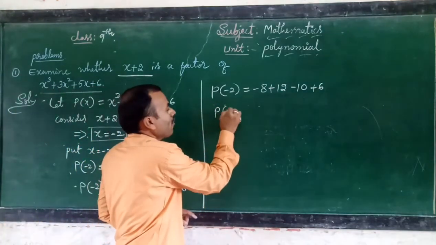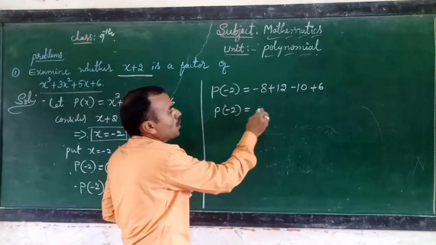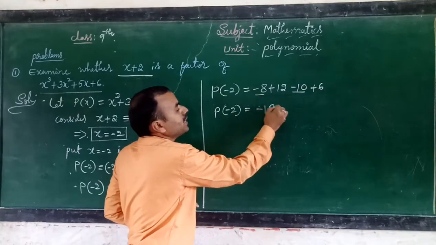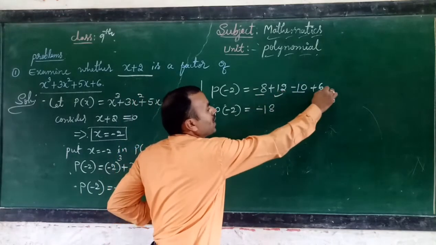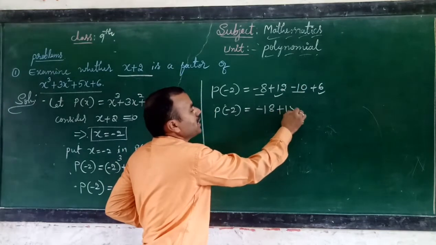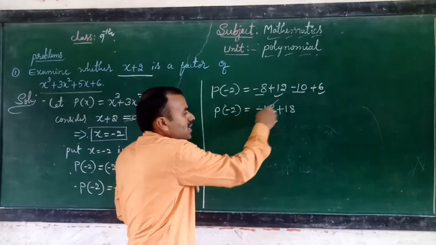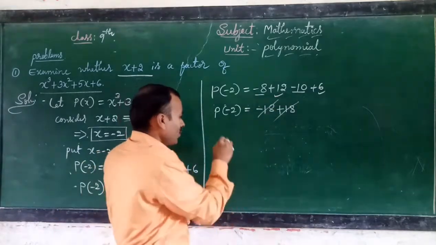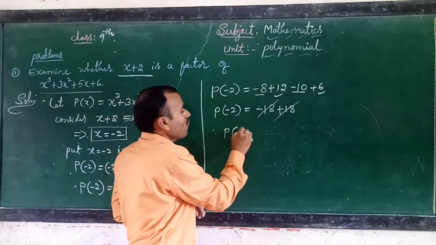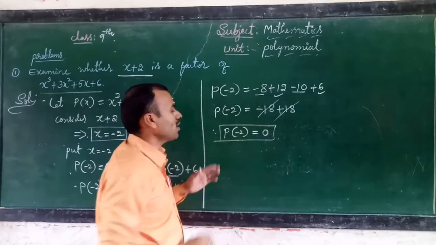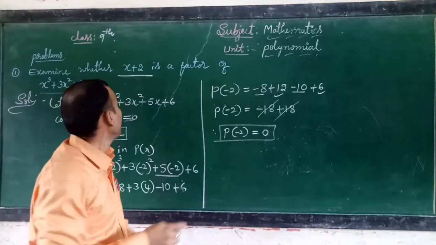P of minus 2 equals minus 8 minus 10, that is minus 18, plus 12 plus 6, that is plus 18. Dear students, here minus 18 and plus 18 get cancelled. Therefore, P of minus 2 is equal to 0. So here the remainder is 0.